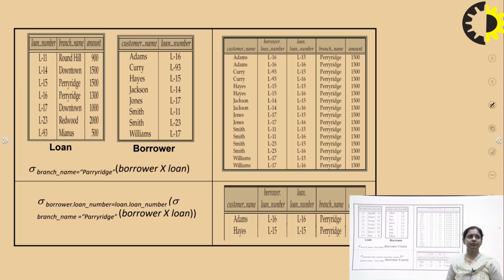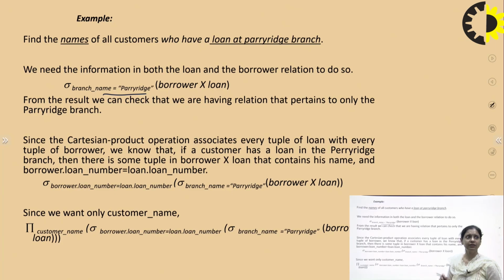Let's take an example, the tables from here. We have two tables, the loan and borrower. The Perryridge branch is over here, but how will we be able to identify the customers? We need all those records where the branch name, like if we look at the question, find the names of all those customers who have the loan at Perryridge branch.